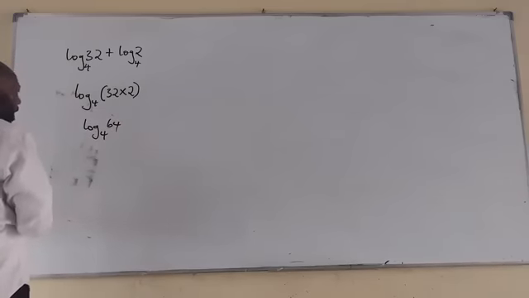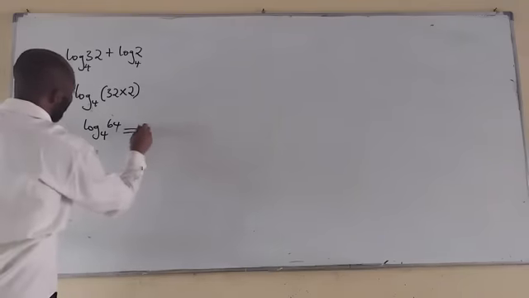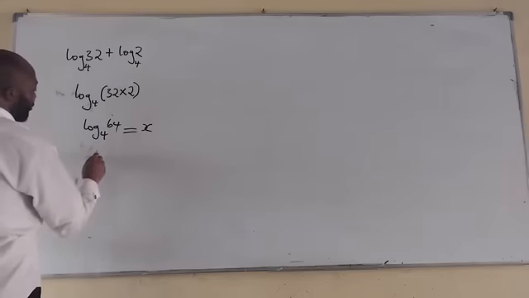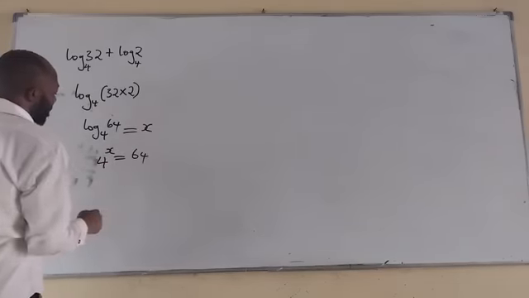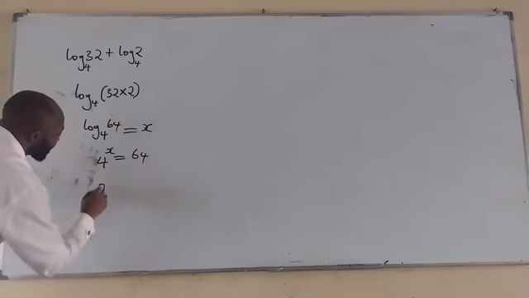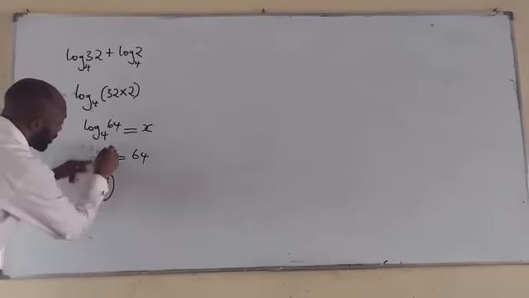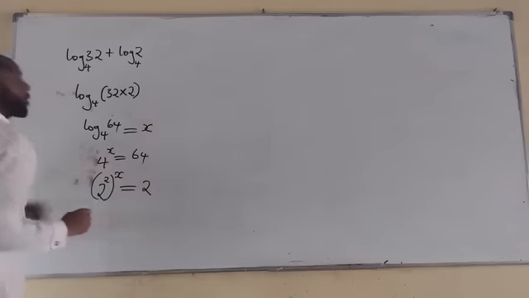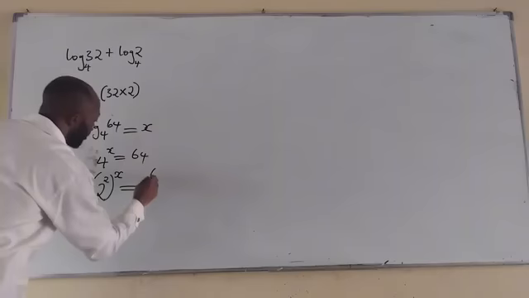So how many times can 4 be raised to give us 64? We equate that to x. So this becomes 4 raised to the power x is equal to 64. Here, the 4 I can easily write as 2 raised to the power 2. Open bracket, with the power x, power law of indices, is equal to 2 raised to the power 5 is 32, 6 is 64.